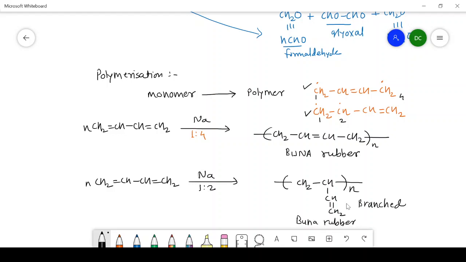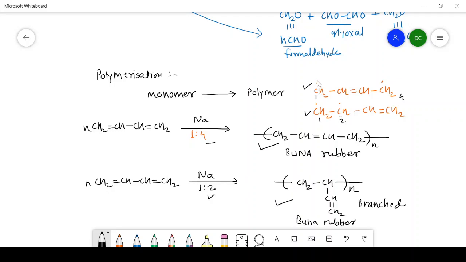So the polymerization reaction of butadiene is used for the synthesis of Buna rubber, which is useful in our daily life. And here 1,4 or 1,2 addition reaction takes place. In 1,4 addition, we get a straight chain polymer, whereas in 1,2 addition, we get a branched chain polymer.